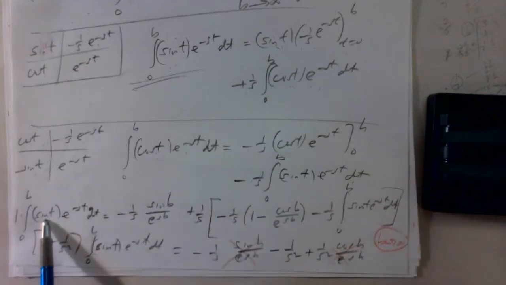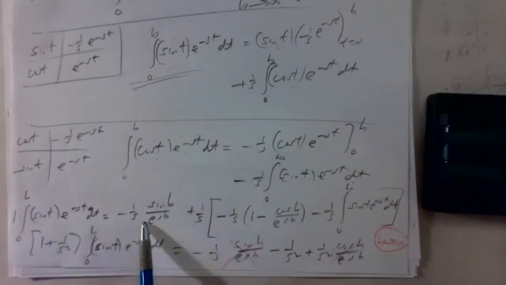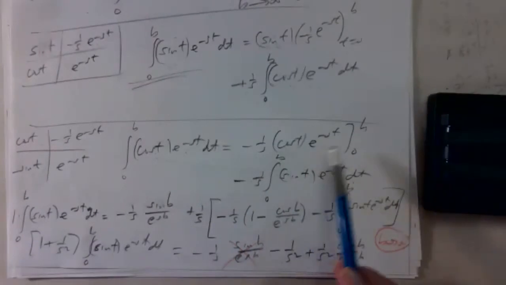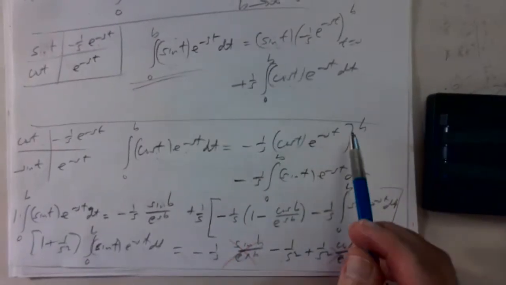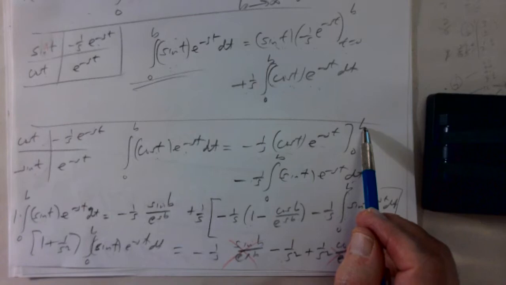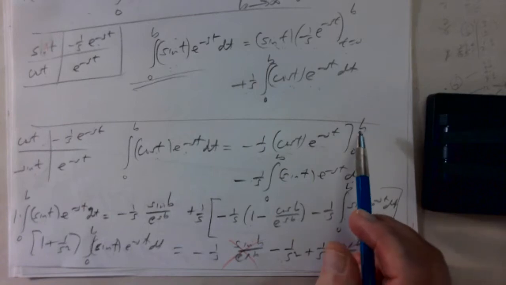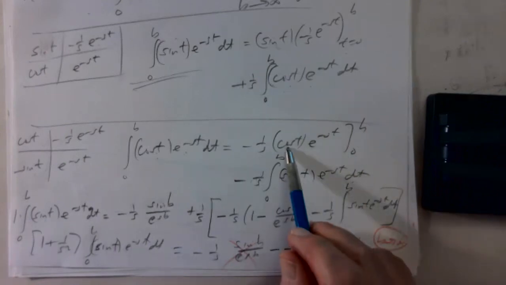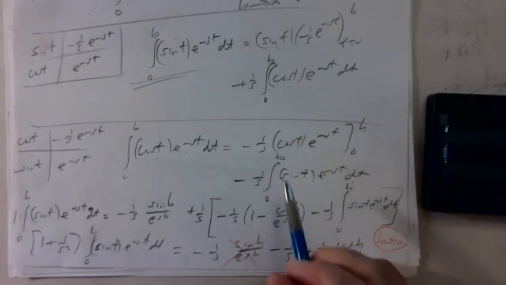So this integral is minus 1 over s sine b over e to the sb plus 1 over s times this integral when t is 0, I get 1.